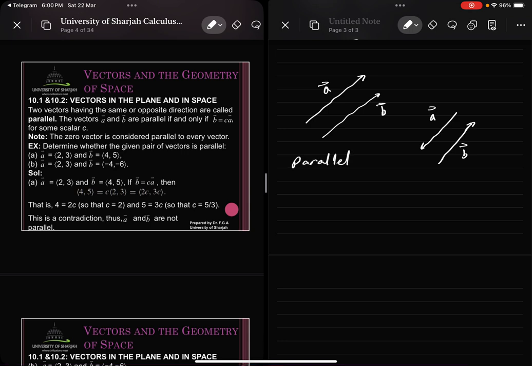So parallel is when vector A and vector B have the same or opposite direction.